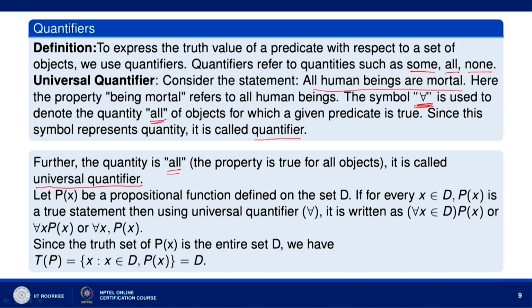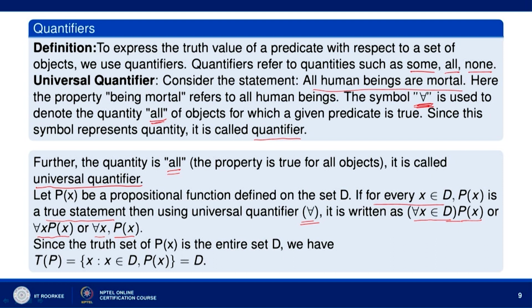Let p(x) be a propositional function defined on the set D. If for every x belonging to D, p(x) is a true statement, then using the universal quantifier, we write it as for all x belonging to D, p(x), or for all x, p(x).